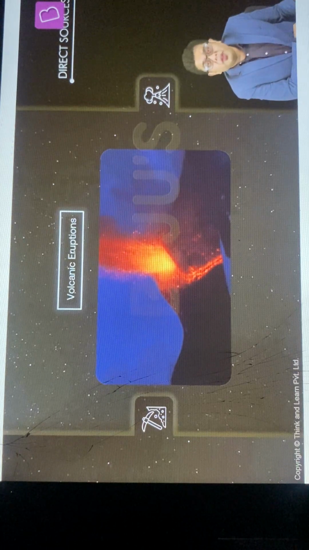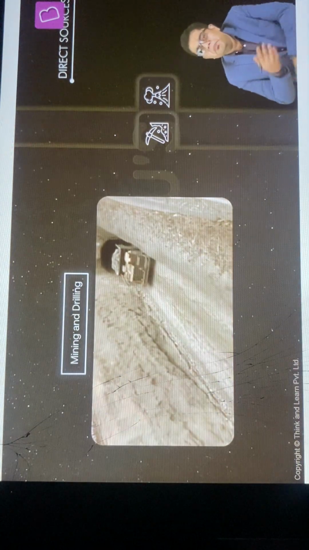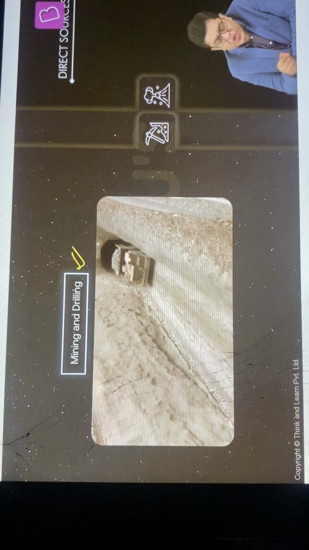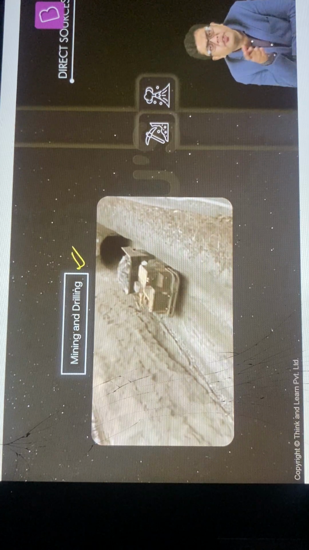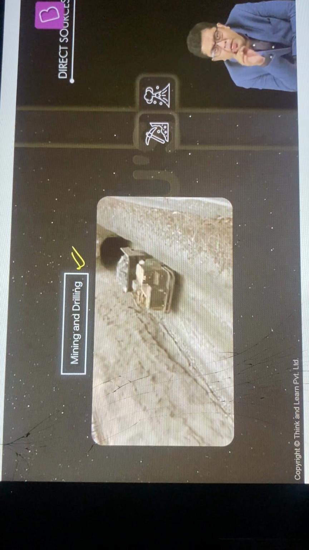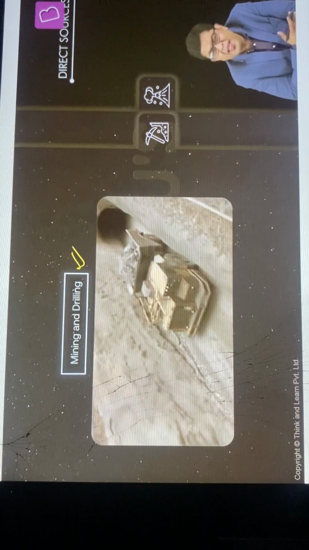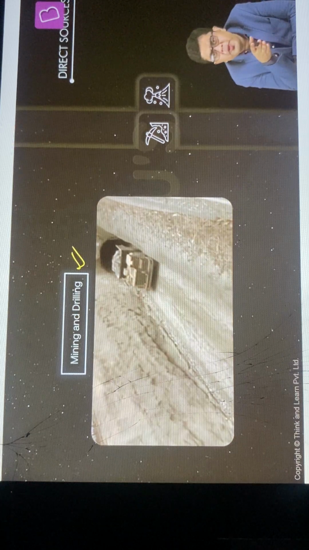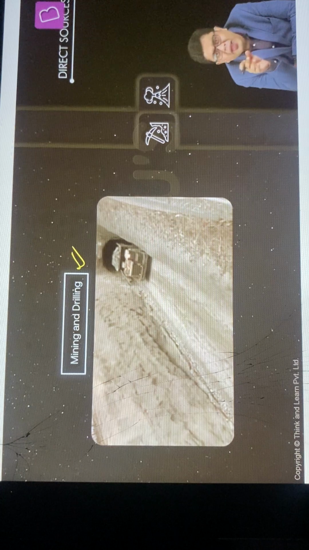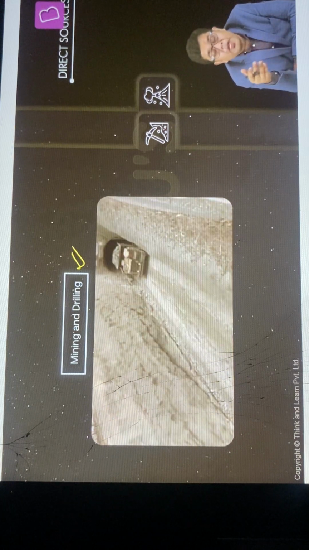Then the second direct source by which we get information is basically mining and drilling activities. But here again, our source of information and the amount of information that we can gather out of it is quite limited, because we cannot dig beyond a particular depth.